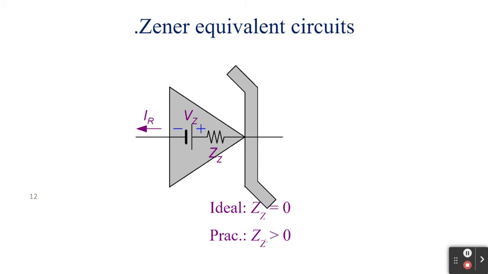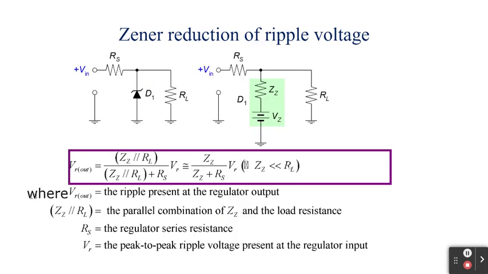In other words, there will be an impedance for a real or practical diode. But theoretically, if we are using an ideal diode, then that will be equal to zero. And this current, which is going in the opposite way, is what we call the reverse current, or IR.